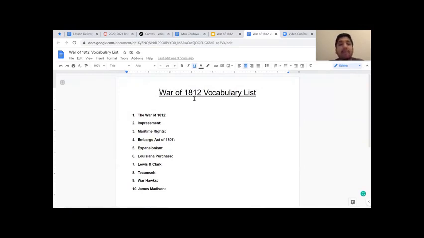That is the War of 1812. We're going to define that. Impressment, maritime rights, Embargo Act of 1807, expansionism. We're going to look into what exactly that means. Louisiana Purchase. That might be a hint about what expansionism is and all the intricacies with that.